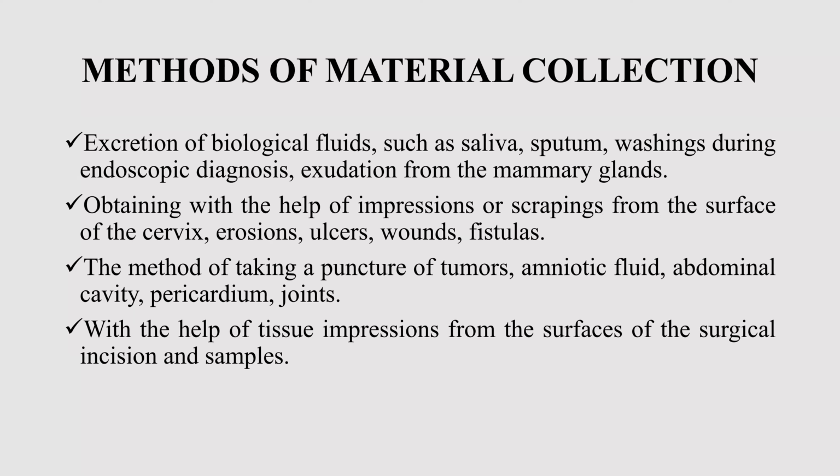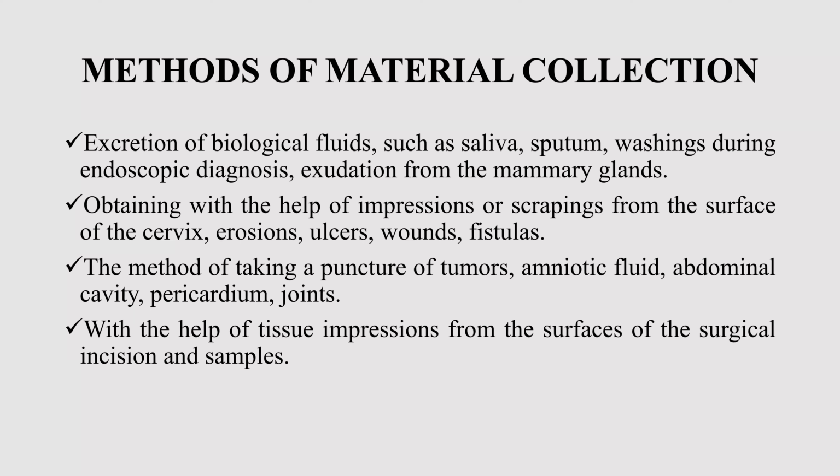Also, we talk about material from tumors, especially cystic tumors or tumors with a huge amount of mucin. We can also use a simple syringe to take a small amount of material. This method is not so invasive. It's an advantage of cytology.